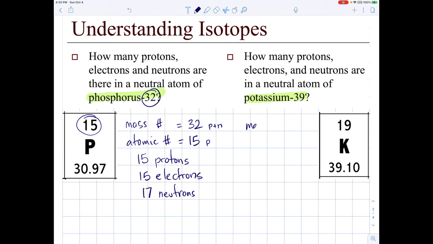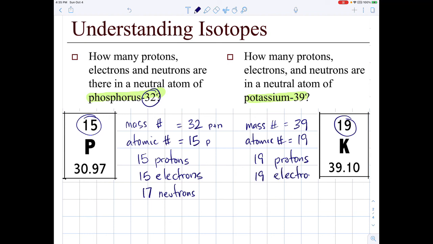On the right, we have potassium-39. Its mass number given in the question is number 39. Its atomic number is right there on the periodic table. It's number 19. Because the atomic number is 19, it must have 19 protons.